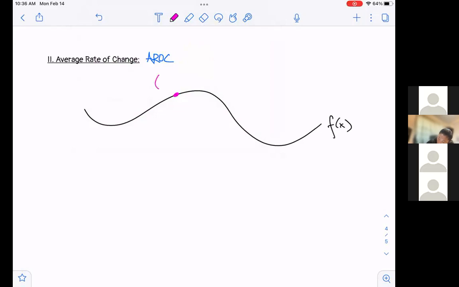If I tell you the x value here is a, what would you tell me the y value is at that point? I don't know for sure, but I do know because my function is the f function, I could call this f of a. We're saying we have an x value of a, we plug that into the function, we get f of a.